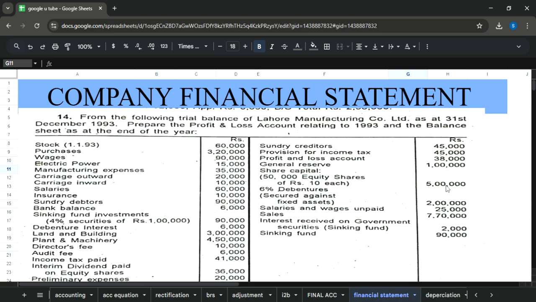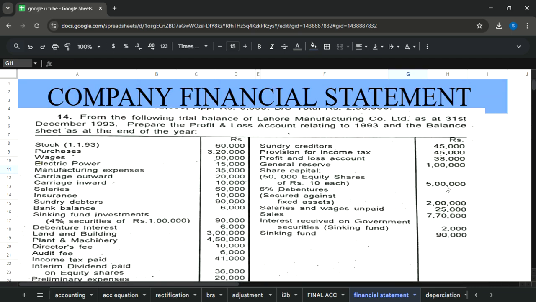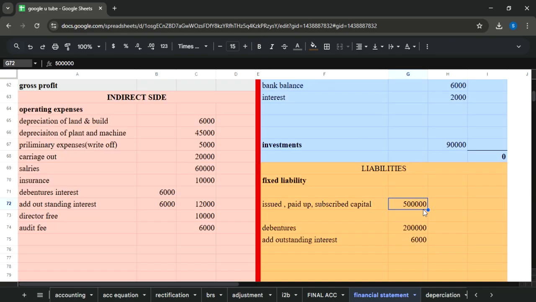This is 5 lakh. So just put 5 lakh in fixed liability side. After capital, we have 6% debenture, 2 lakh, I think already mentioned. Yes, 2 lakh worth of debentures are written over here.